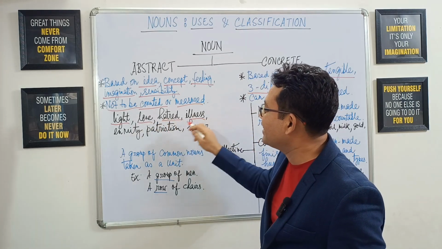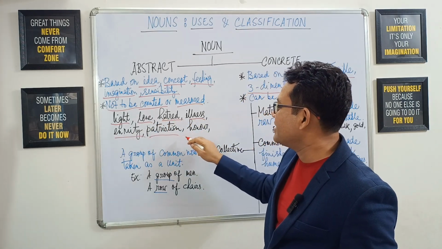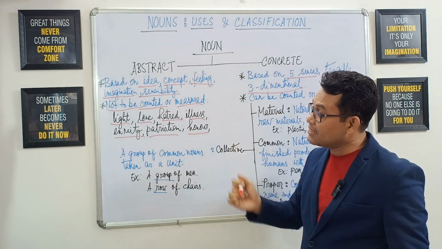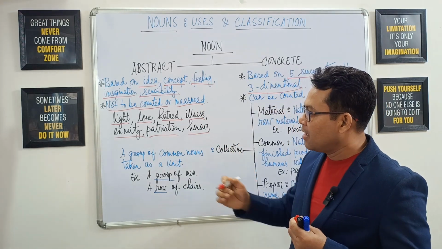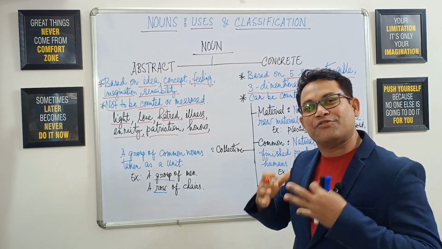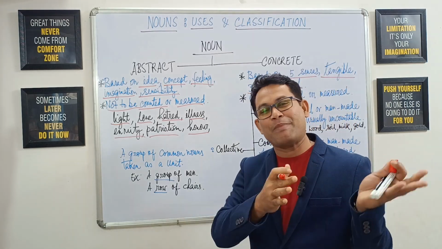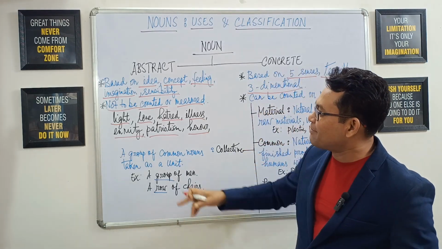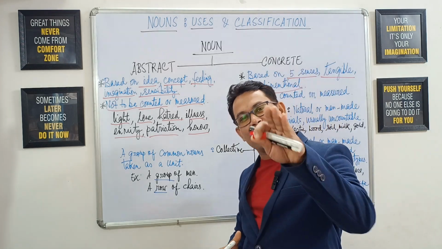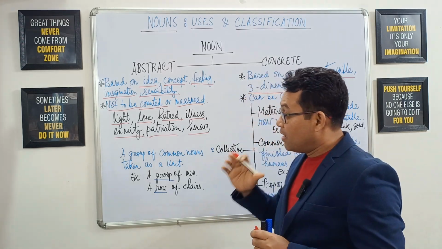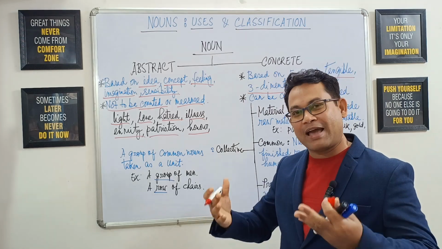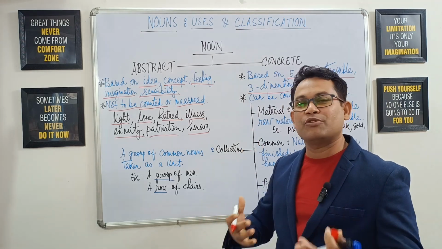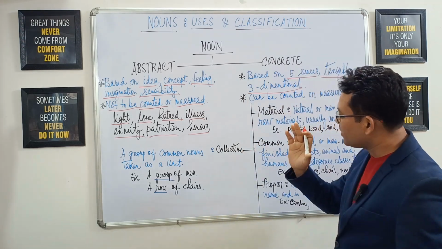Similarly, love, hatred, illness, enmity, patriotism, honor, etc. These are examples of mental creation and ideas, and these concepts vary to a large extent from man to man. My concept of love may be different from your concept of love. So these abstract nouns are variable, almost anywhere, anytime.